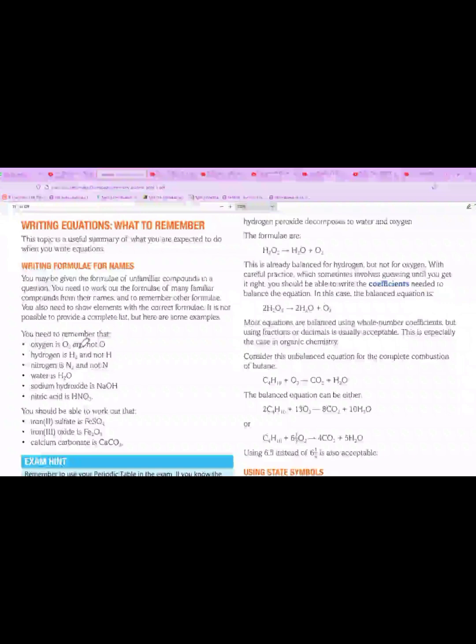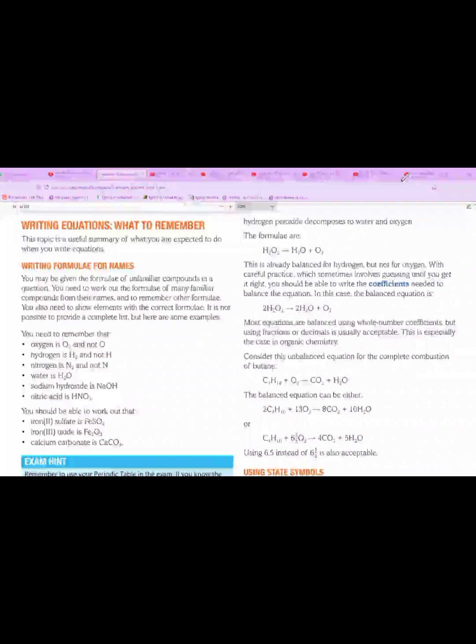Water is H2O. Sodium hydroxide is NaOH. Why is it so? Because Na refers to sodium, it's not oxygen and hydrogen. Simply, OH is a group called the hydroxide ion. Sodium can donate one electron, and hydroxide can accept one electron.